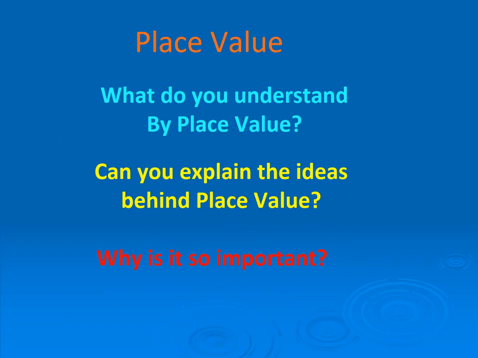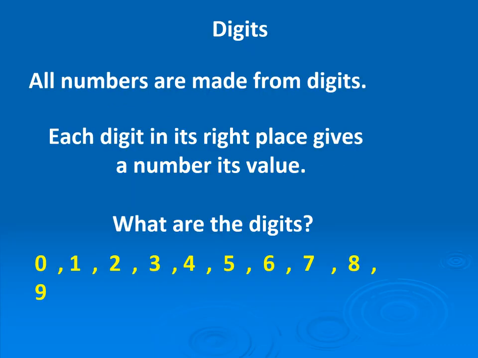Now, place value. What do you understand by place value? Can you explain the ideas behind place value? Why is it so important? Let's find out in the next slide. As we know, all numbers are made from digits.